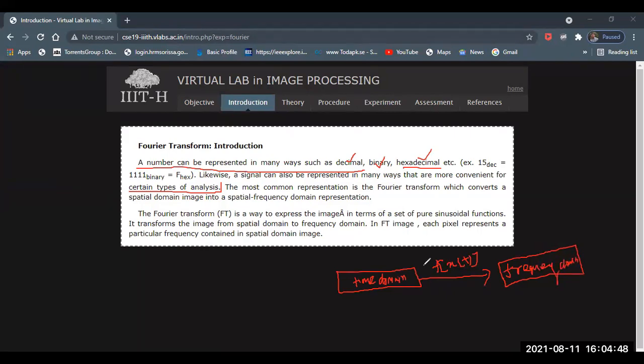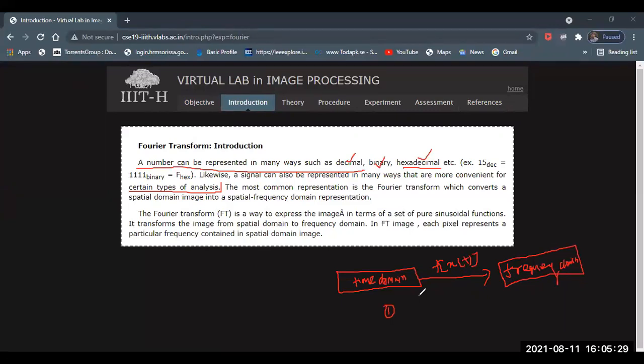The first reason is that analysis in the frequency domain is much easier compared to the time domain. The second is computational time, which will be much less in the frequency domain than in the time domain. Third, some properties help: convolution in the time domain can be computed as multiplication in the frequency domain.